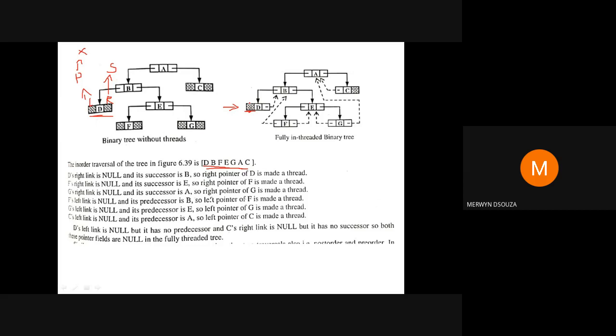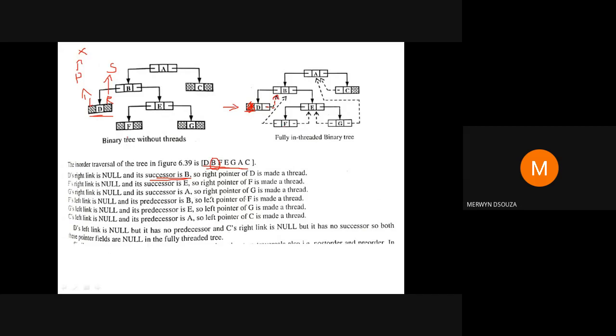You can put null, or here in your textbook they have shaded it, you can shade it. Now, on the right side, you want to find the successor. The successor of D is B. So from D, draw a dotted arrow to B, because that is the successor.